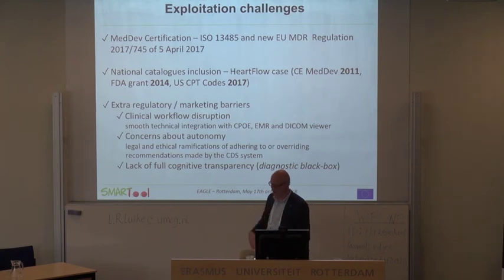Okay, let's put it this way. All the models, the algorithms we are developing, are not on the same level of maturity, and the market is not on the same level of maturity to accept them. For example, the decision support system, we expect that is very difficult to put on the market. With respect, for example, to smart FFR, that is incremental, so to say, we perform slightly better than an already existing solution, that is HeartFlow.